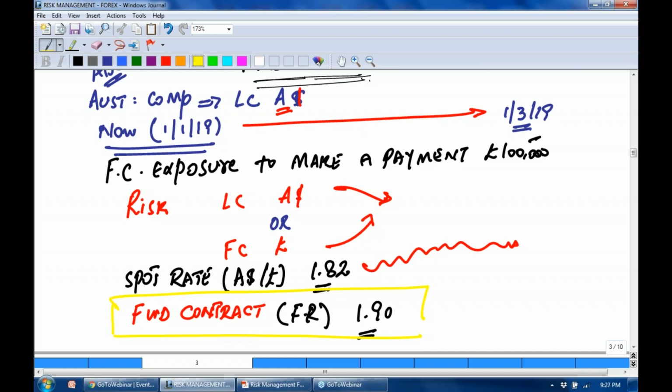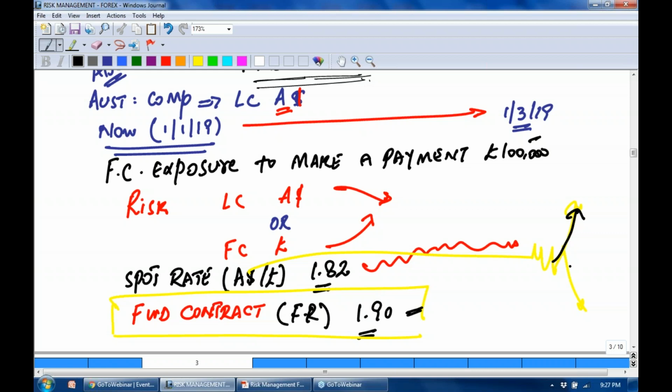Candidates, this 1.90 means that after 2 months, whatever the spot rate, either higher or lower, effectively the ABC company, the Australian company, can get the sterling at the rate 1.90, which means any adverse risk will be transferred to the bank.